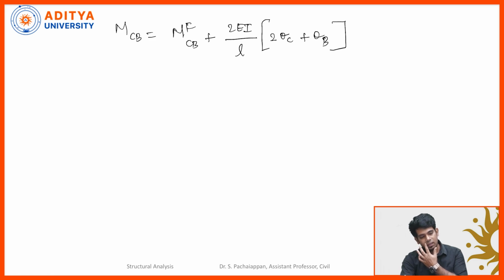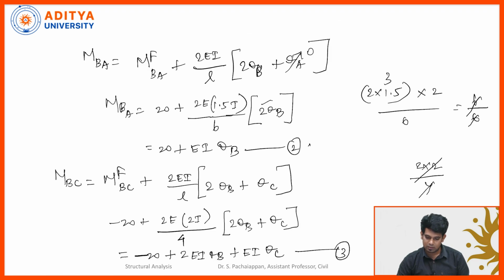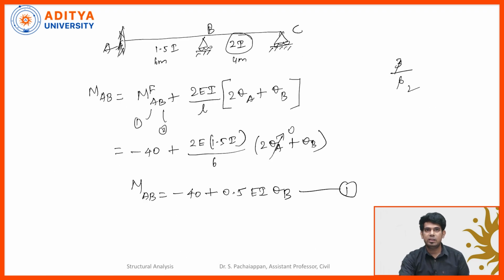Now again we have C and B, we cannot make any terms 0. But here I can put MCB is 0. What is the reason? Because MCB is at a simply supported end here. Here MC is 0. It's not an intermediate support as well. So the simply supported moments are 0.